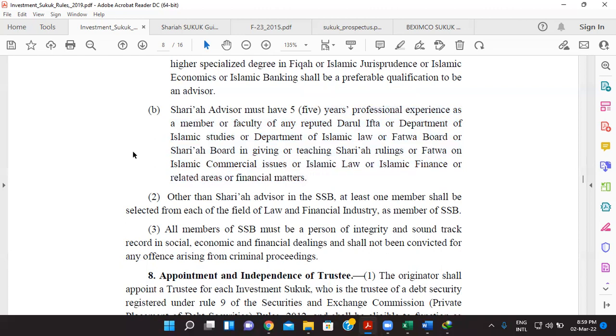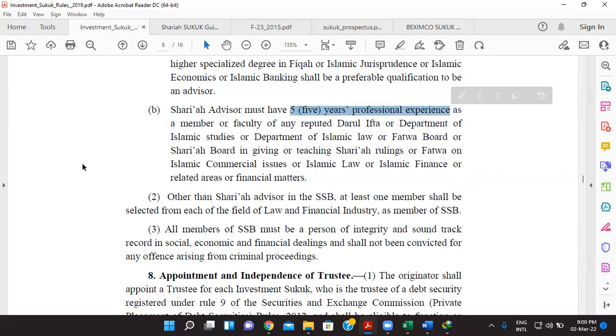I'm afraid that the Shari'ah advisors who have been appointed may not have this kind of 5 years of professional experience. Sometimes I'm afraid that they do not fulfill this requirement.